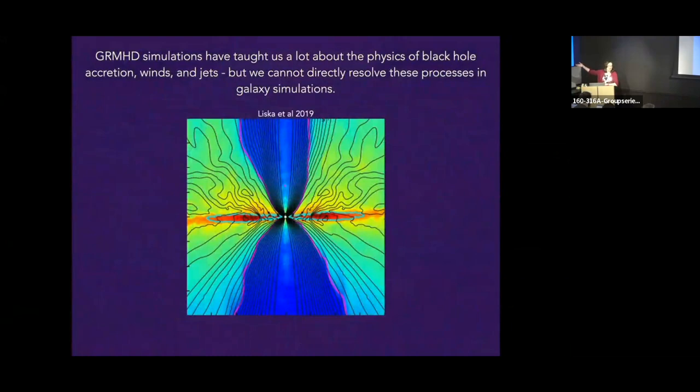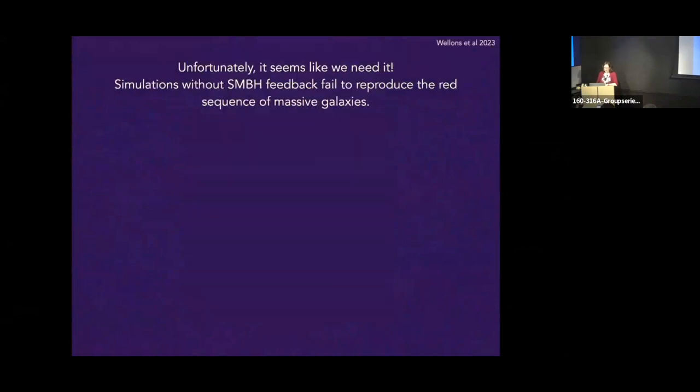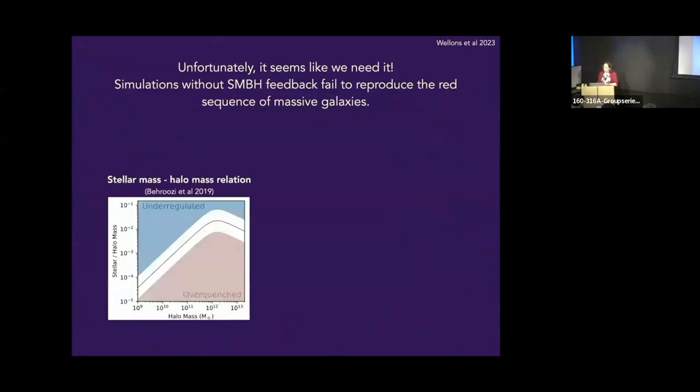People do cool GRMHD simulations. We can't do them in galaxy formation simulations because they're too small. But we need to do something because if we don't do something, we don't get red massive galaxies. So one way to look at that is with the stellar mass halo mass relation shown here, which tells you the efficiency with which gas is being turned into stars as a function of halo mass.